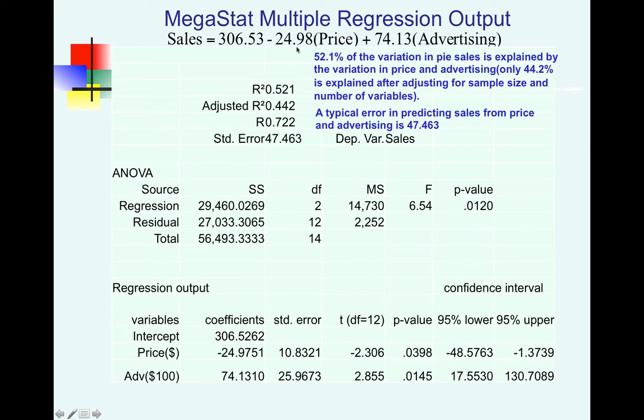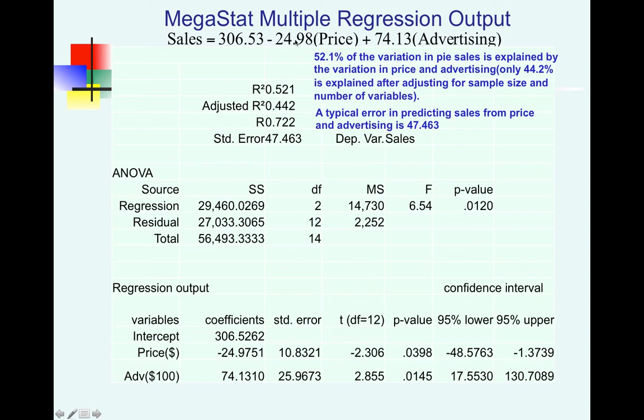And we see that we get a coefficient for price, or a slope for price, that is minus 24.98. And we interpret that in the same way that we interpret slopes: for every increase of price by $1, we expect the number of pies sold to decrease, because it's minus, by 24.98 pies.